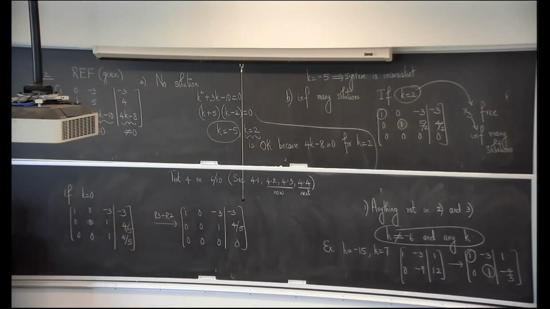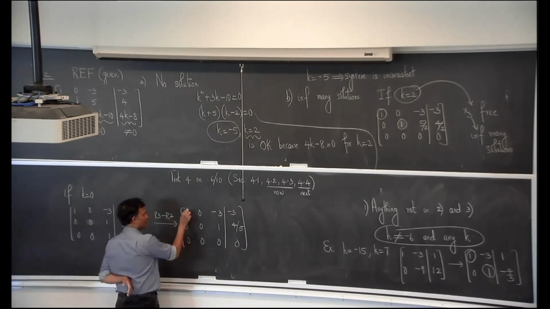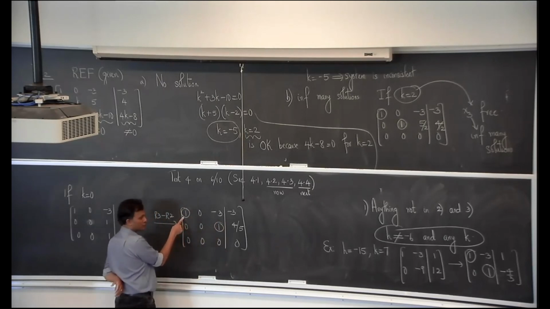Is there a free variable in this case? Which one? Second one. I know it's a little bit not obvious. This is the leading one for the first row. The leading one for the second row is down here.